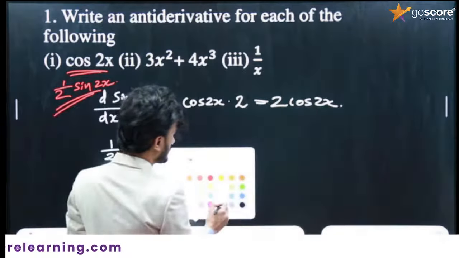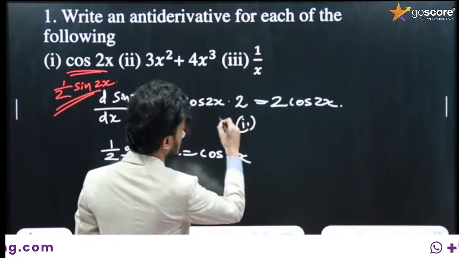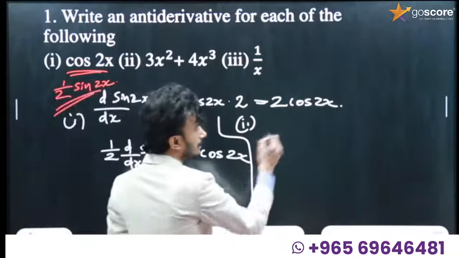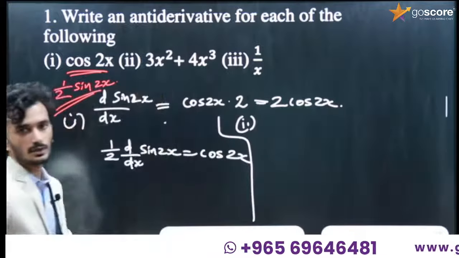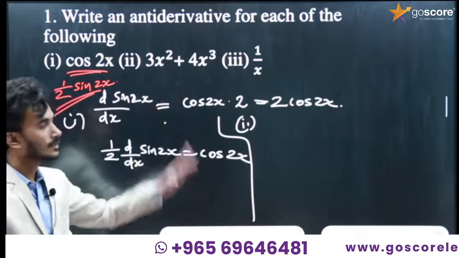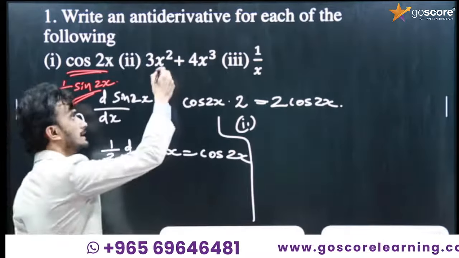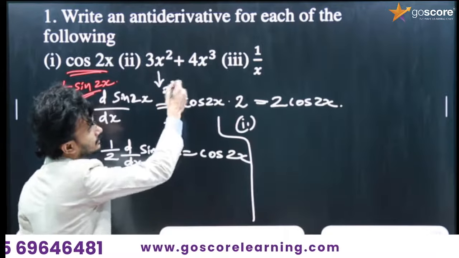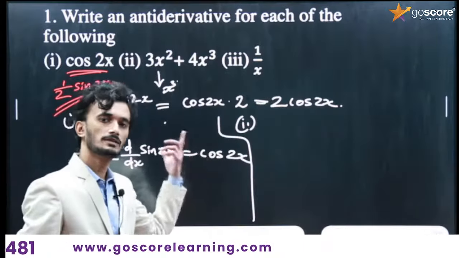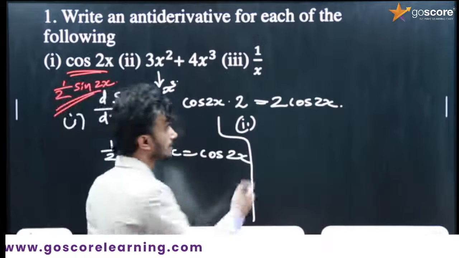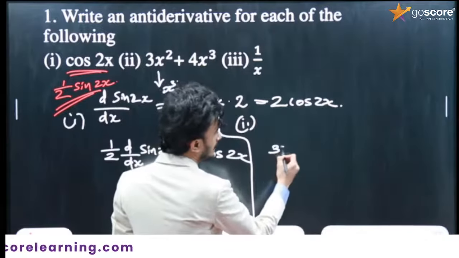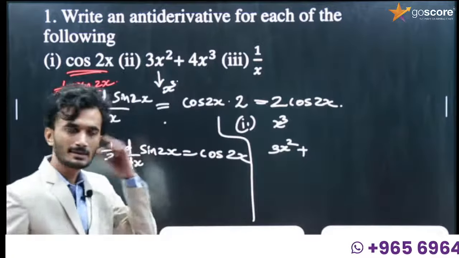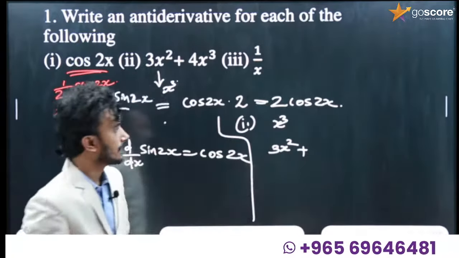Then the second question. Here it is 3x square plus 4x cube. If I am taking x cube, what is the differentiation of x cube? It is 3x square.